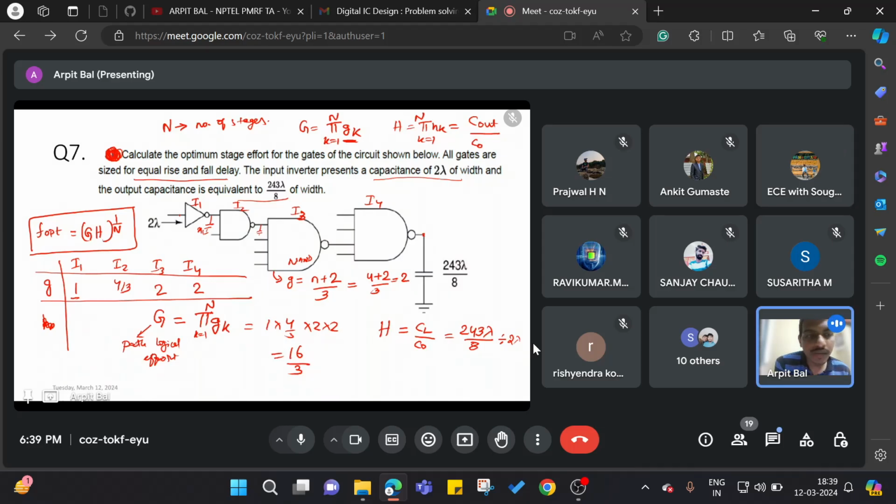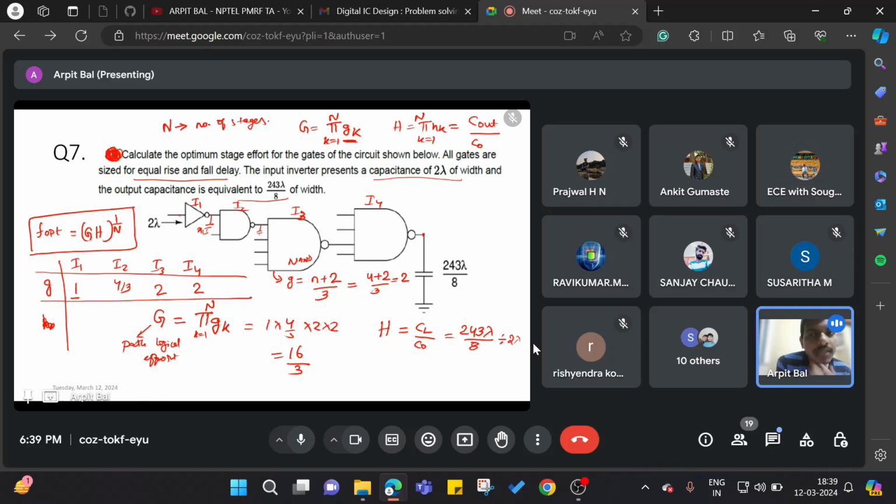No, that's just an assumption to simplify our solution. Suppose the first inverter I1 has its own gate input capacitance as parasitic 3C, and output capacitance also 3C. For the next I2 gate, a 2-input NAND gate, the input capacitance for a single input is 2, so it will be 4C.